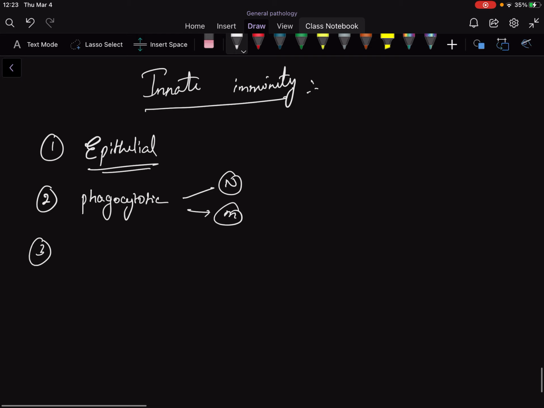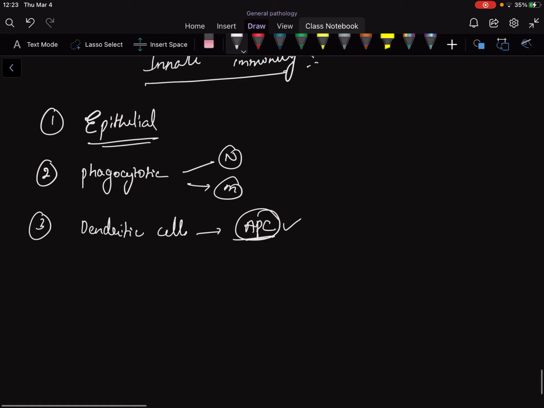The third one is dendritic cells, also called antigen presenting cells. Nice. The fourth one is natural killer cells. What do they help in? They help in killing intracellular viruses.